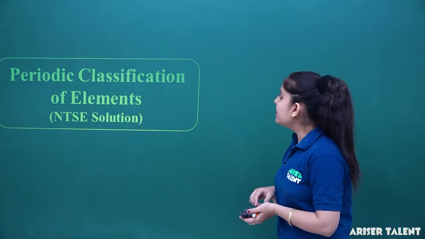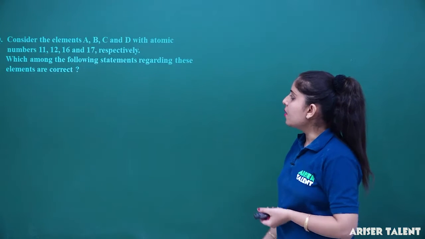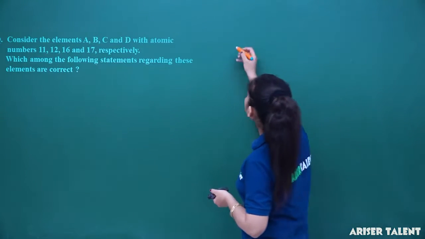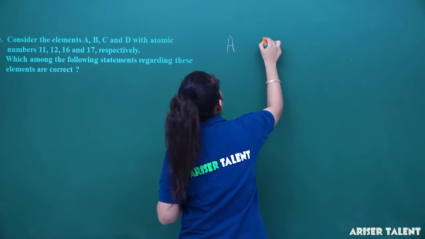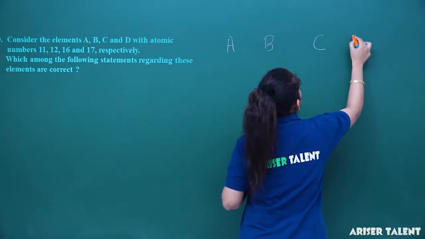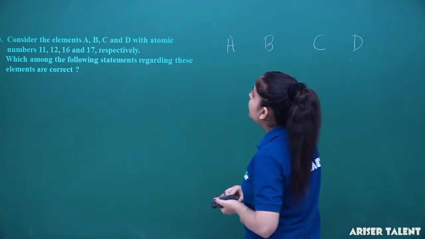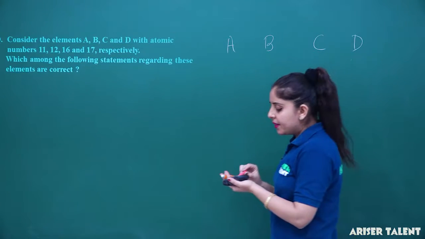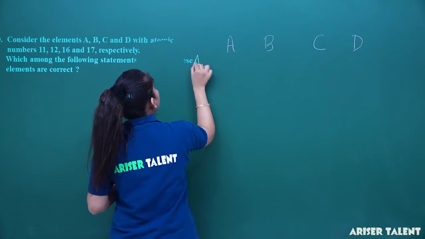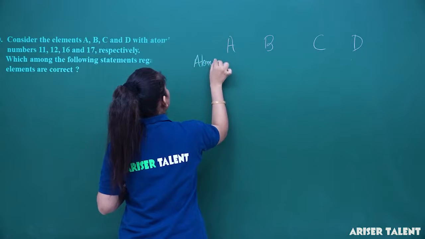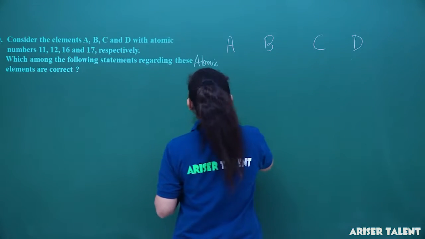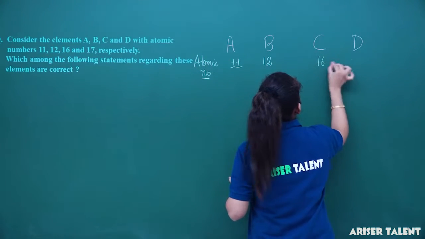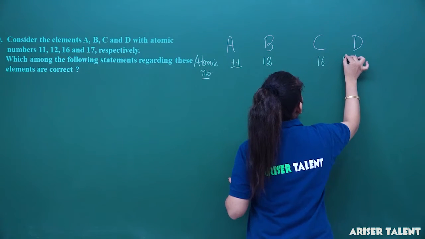So the first question in this sequence: consider the elements A, B, C, D. Firstly, I have to take the 4 elements A, B, C, D with atomic numbers 11, 12, 16 and 17 respectively.